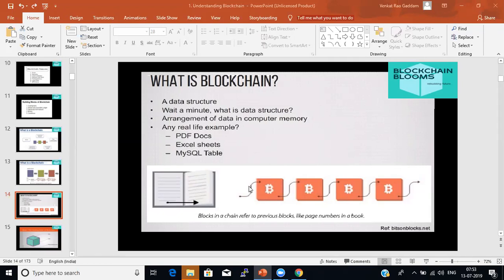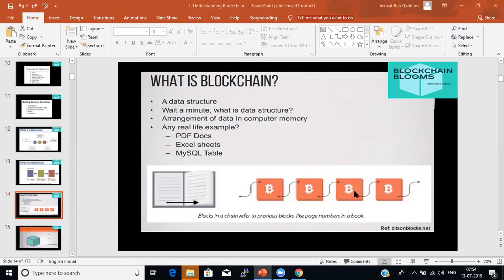So this is the hierarchy. Transactions will be stored in the blocks, and blocks will be added into the blockchain with the help of the previous block's hash code. This hash code will be linked to this block, and this block's hash code will be linked to this block, and this block's hash code will be linked to this block.